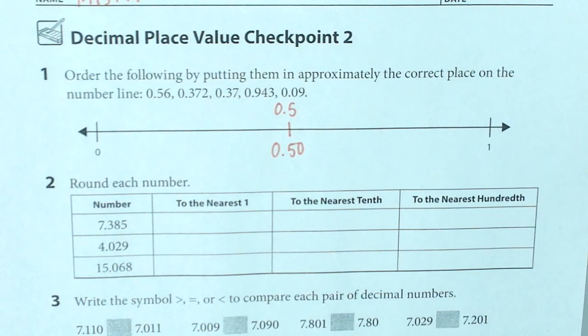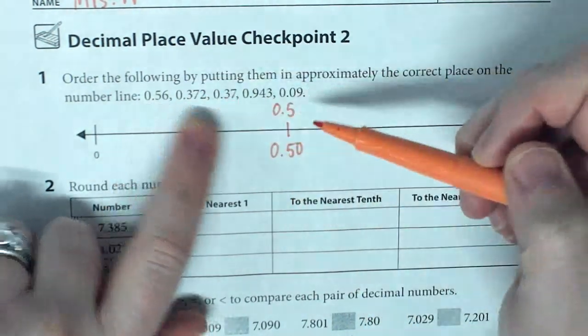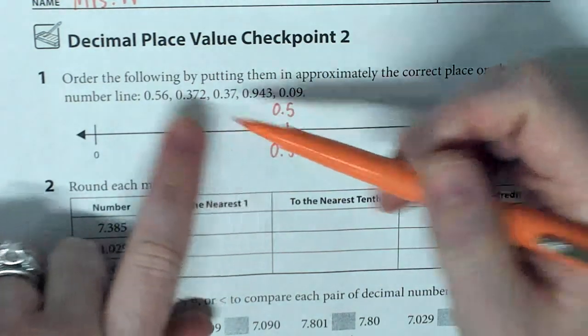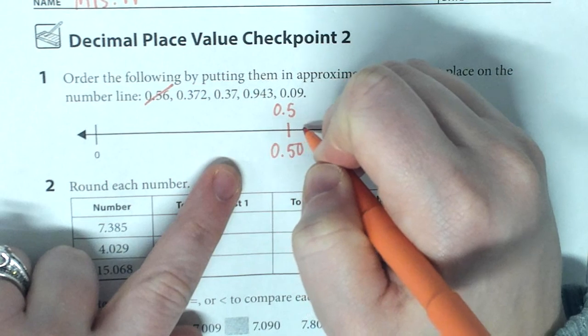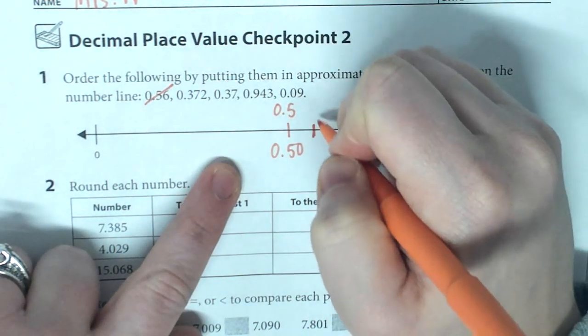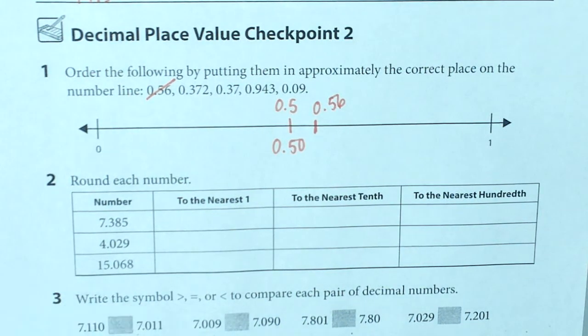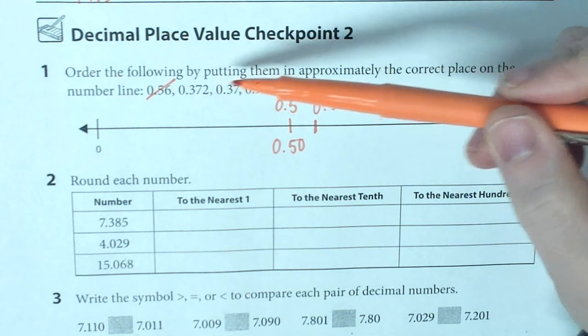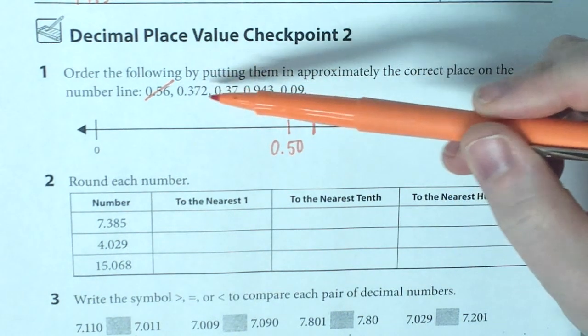Then I'm going to start with some easy ones first. I'm going to start with 0.56 because that's going to be really close to 0.50. I know it's going to come a little bit after 0.50, 56 hundredths. I'm going to continue looking up here and seeing if I can pick out another easy one.